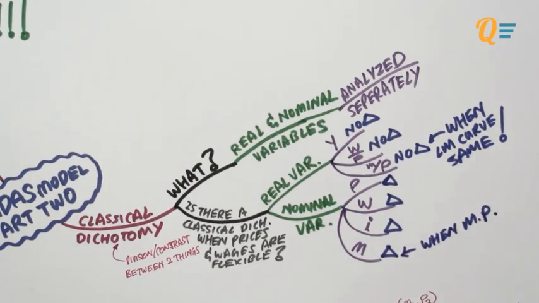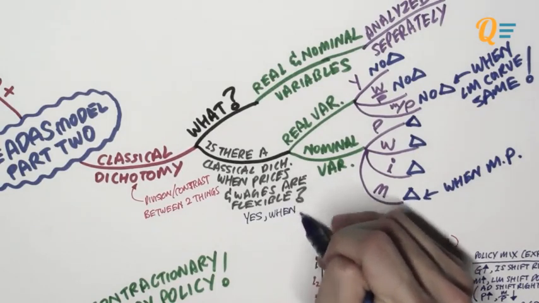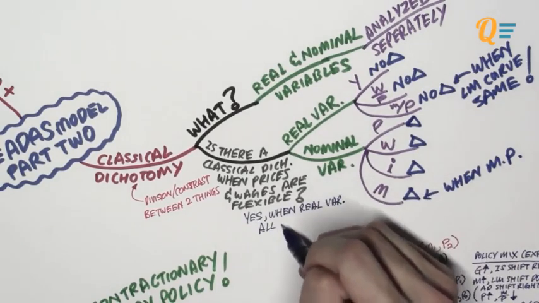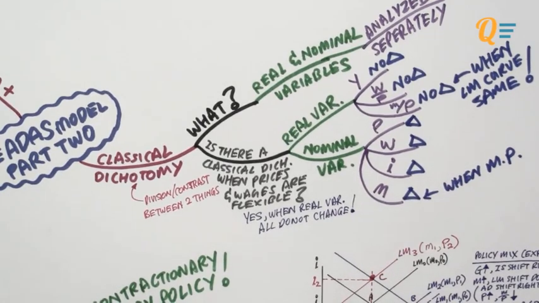A scenario like that clearly shows that there is a classical dichotomy because look, all the real variables have not changed. You don't have to care about them. You just need to look at the nominal variables and you see that one or two things have changed, right? So in conclusion, you have a classical dichotomy when your real variables all do not change. Okay, so that is a simple explanation of the classical dichotomy.